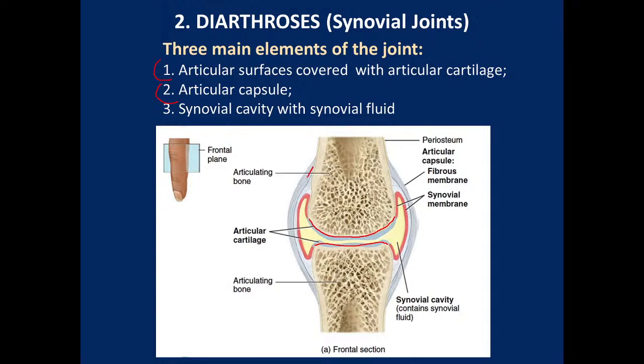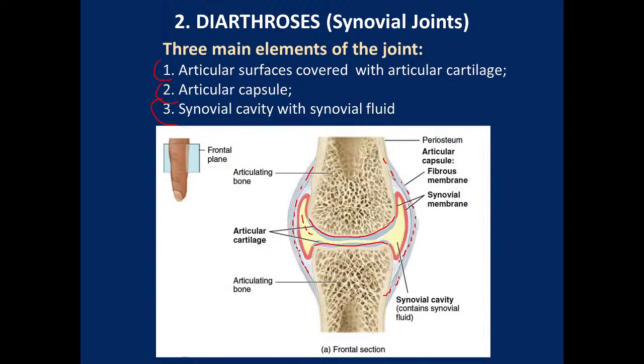This is a connective tissue layer which covers the articular surfaces and forms the third main element of the joints, called synovial cavity.